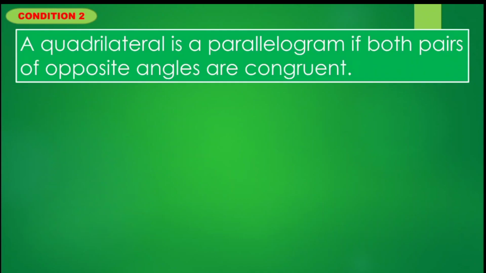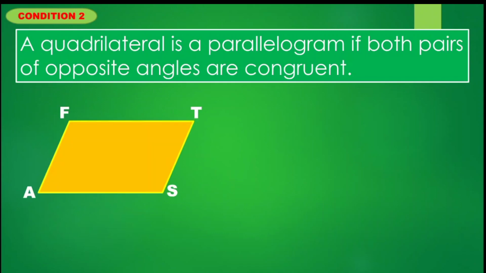Now let's proceed to condition number 2. What does condition number 2 state? Well, it says here that a quadrilateral is a parallelogram if both pairs of opposite angles are congruent. So in this condition, we are now talking about the angles. Right here, we have angle F. Opposite to that one is angle S. Okay?